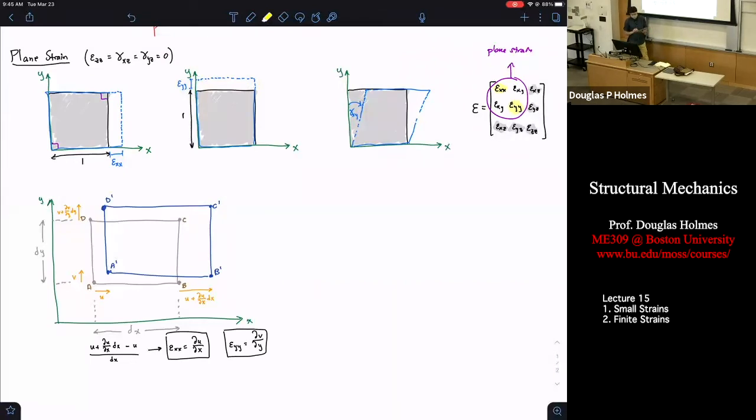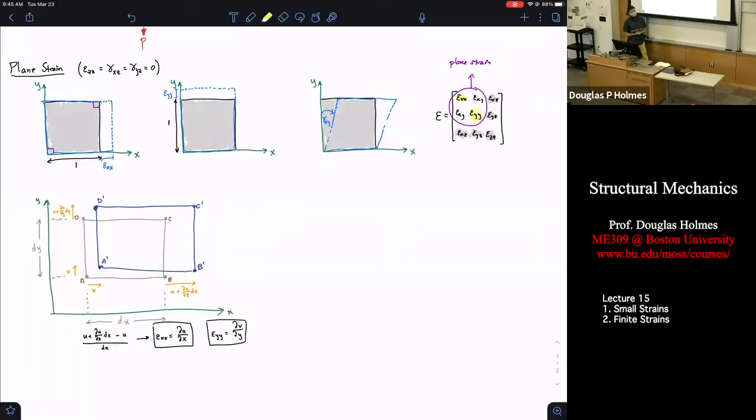So not bad. From geometry, we've got two of the three strain components of our strain tensor. And we just have to do the same thing, but for a distortional strain.